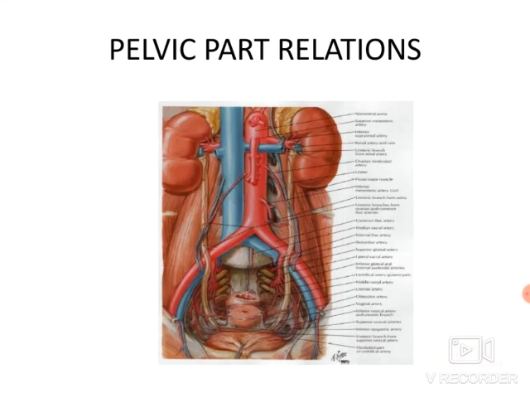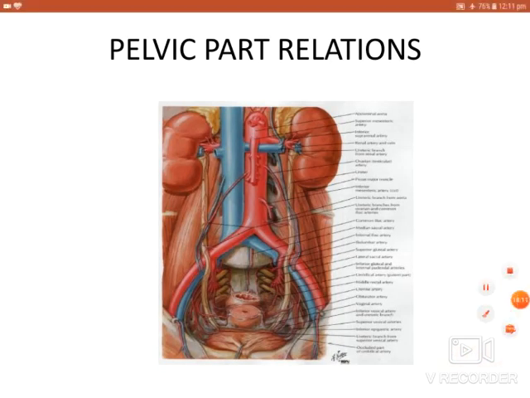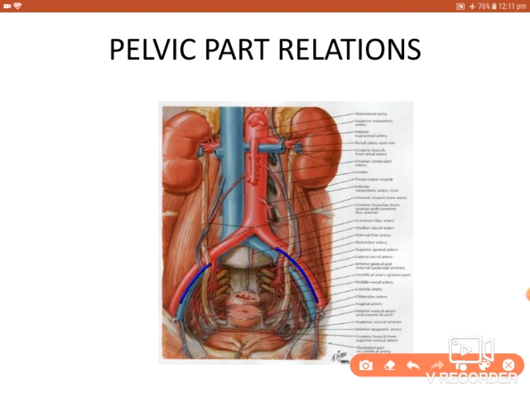Then the relations of the pelvic part of the ureter. Here you can see the pelvic brim, which the ureter crosses. Posterior to the vertical part are the internal iliac vessels, then the lumbosacral trunk and nerve plexus, and behind is the sacroiliac joint.